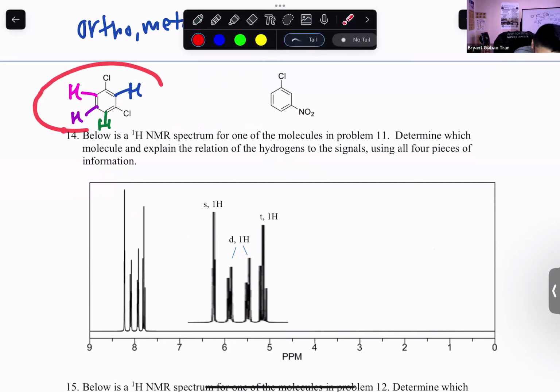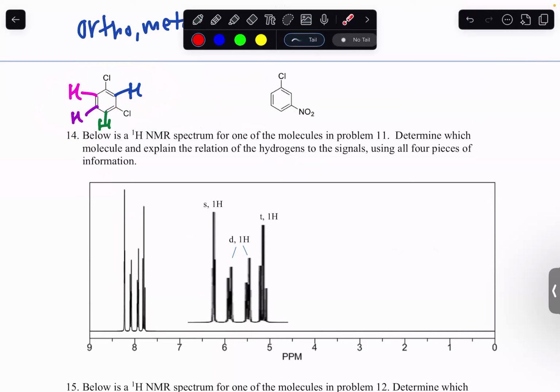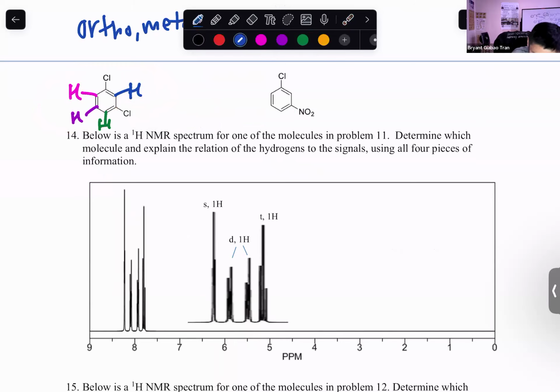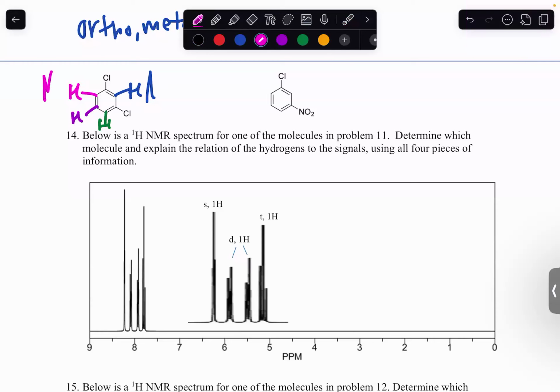As practice, what should be the multiplicity for this blue hydrogen right here? Should it be a singlet, doublet, triplet, quartet, quintet? Singlet, right? Yep, singlet, because it has 0 neighbors. N+1, singlet. What about the pink hydrogen? Doublet, because it has 1 neighbor.